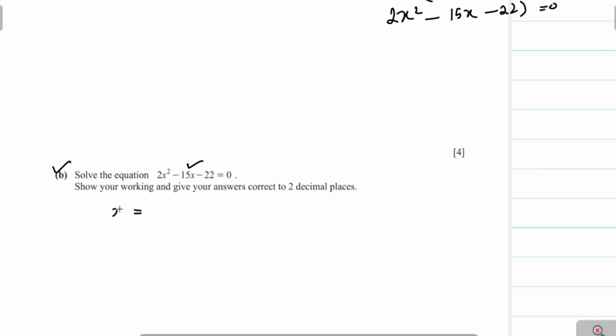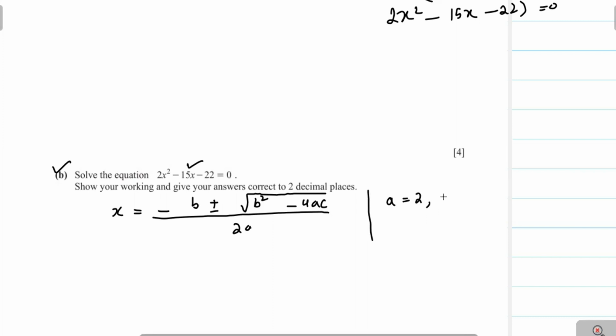The quadratic formula, you know, x equals minus b plus or minus the square root of b squared minus 4ac, over 2 times a. You see here a is the coefficient of x squared, the coefficient of x is b, which is minus 15. The constant is c, which is minus 22.